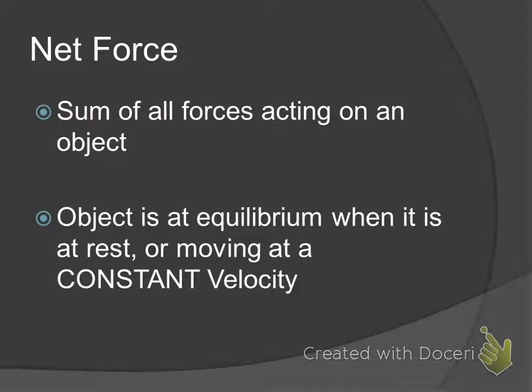When an object is at equilibrium, so when it's at rest, or when it's moving at constant velocity, we consider it to be at equilibrium. Okay? An object is at equilibrium when it's resting or when it's moving at constant velocity.